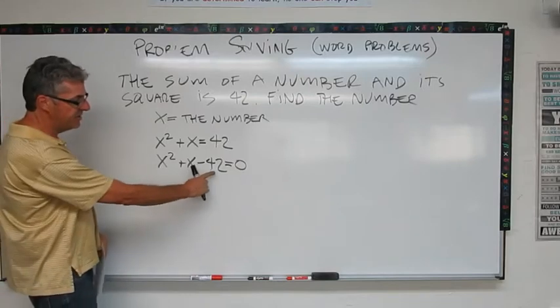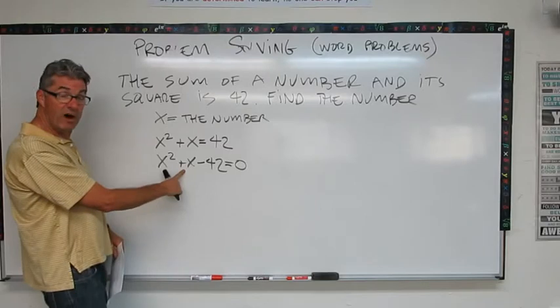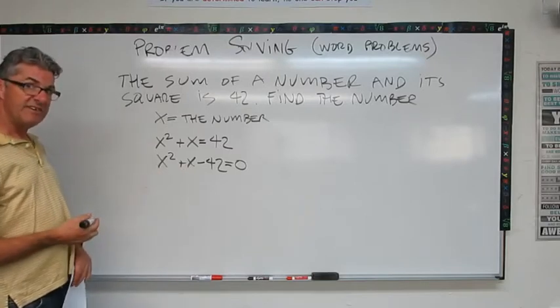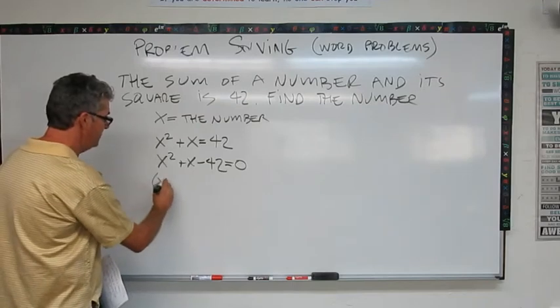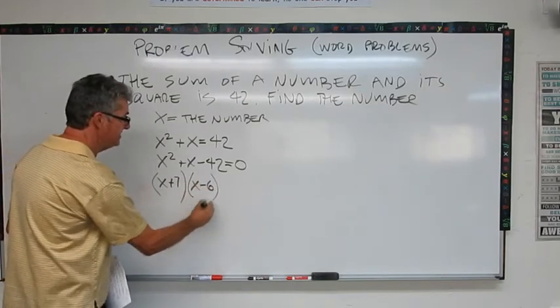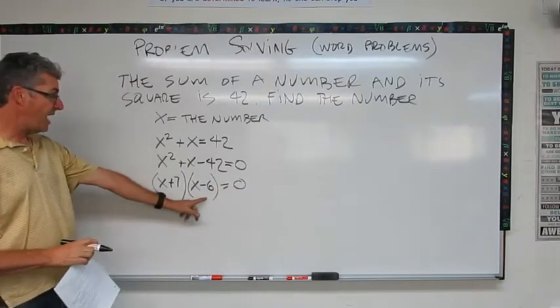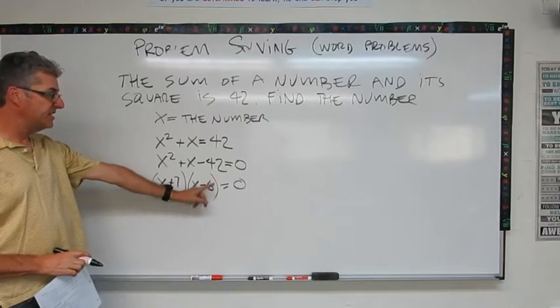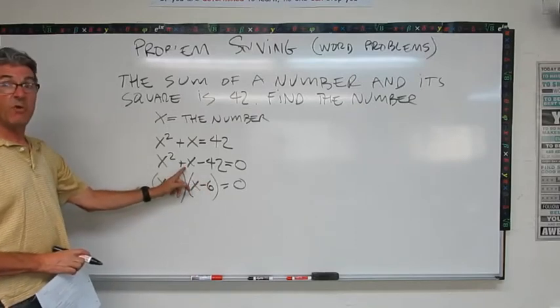I need two numbers that multiply to minus 42 but add to positive 1. Those are positive 7 and negative 6. So x plus 7 times x minus 6 equals 0. The reason that comes up that way is 7 times negative 6 is negative 42, and 7 plus negative 6 is positive 1.